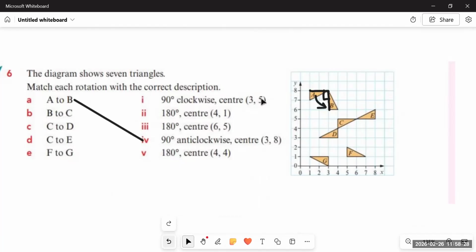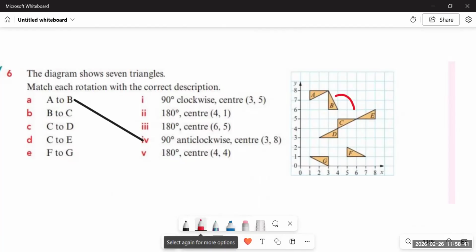And then B to C. So B to C, this one. It's in this direction. This is clockwise. And with center 3, 5. This is 90-degree clockwise, like this.